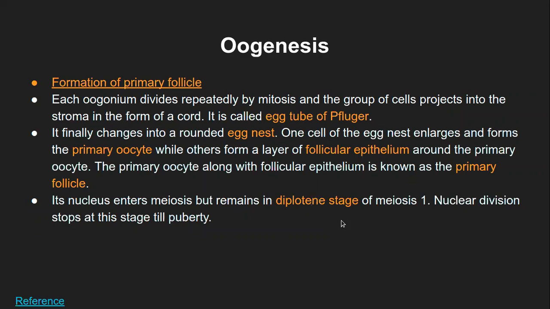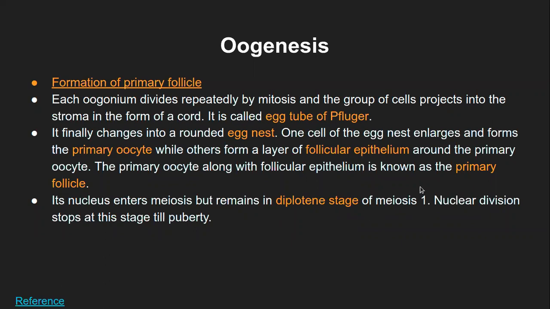You all know the basic phases of meiosis. In meiosis 1 it is prophase 1, metaphase 1, anaphase 1, and telophase 1. That is PMAT. And then in meiosis 2, the second stage of meiosis, it is prophase 2, metaphase 2, anaphase 2, telophase 2. So this is the whole process of meiosis.